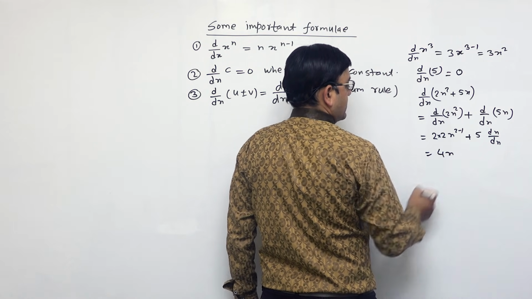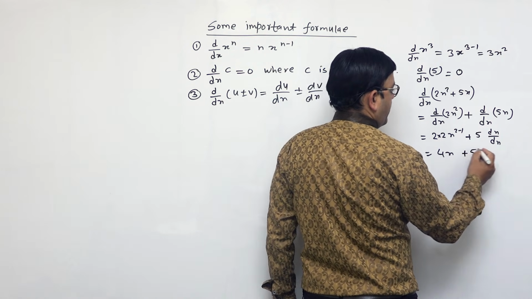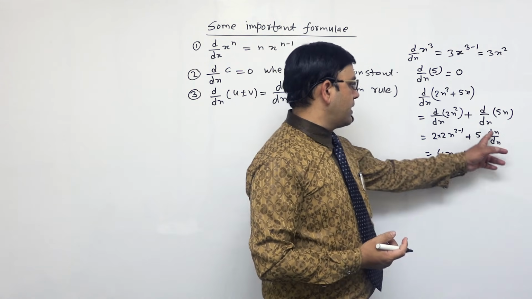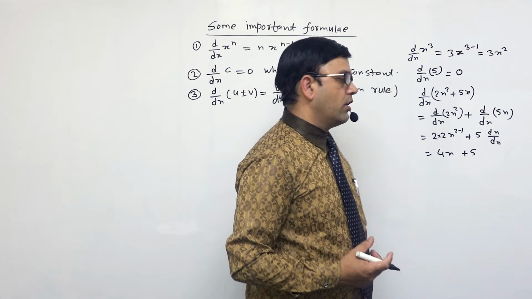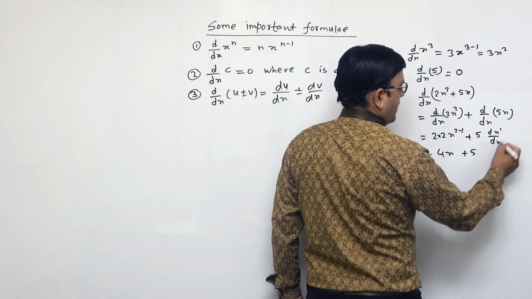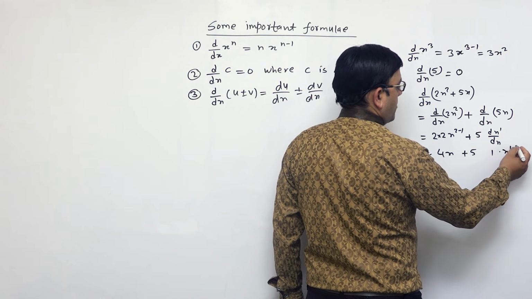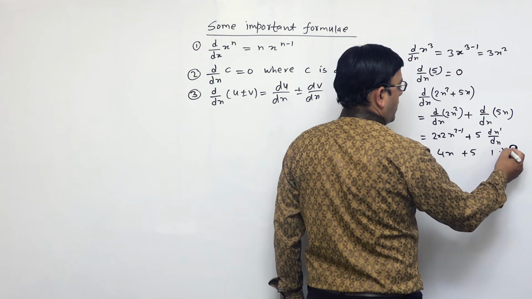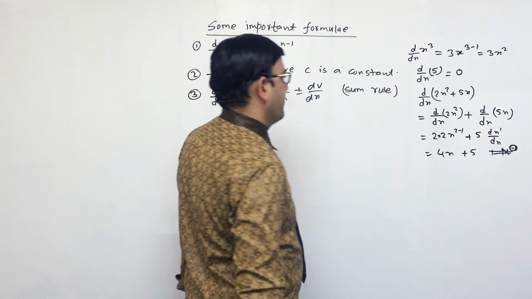So 4x, 2 minus 1 is 1, 4x plus 5 times dx, if we cancel, we also get 1. So the derivative of dx by dx, also d by dx of x, is 1, because its power is 1, if we write this 1 in front, 1 comes. 1 times x to the power 1 minus 1, x to the power 1 minus 1 is 0, and x to the power 0 is 1. So 1 times 1 is again 1, therefore directly we can write 5.